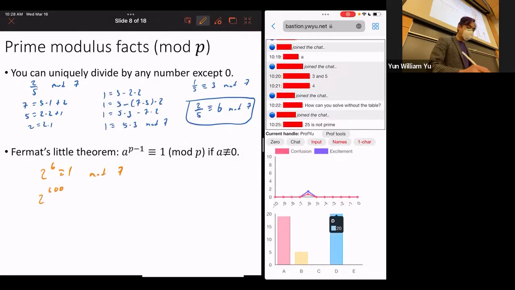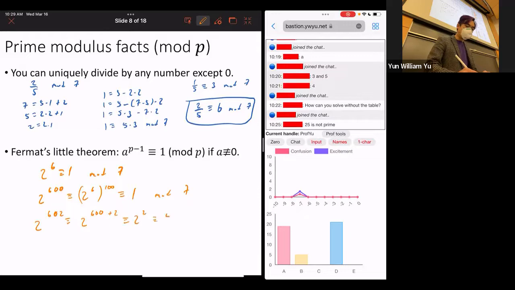And 2 to the 600 is 2 to the 6 to the 100, which is still congruent to 1 mod 7. And so 2 to the 602 is 2 to the 600 times 2 squared, which is congruent to 4 mod 7. Okay, so these are some of the facts about prime modulus that we already know.